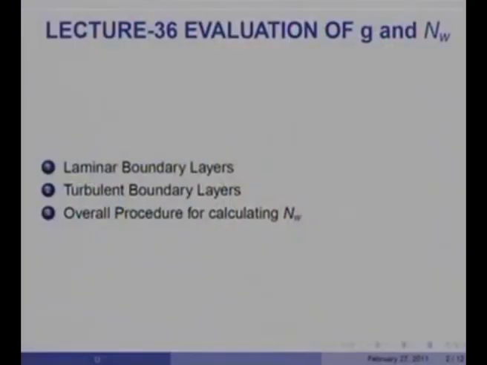I will first consider the laminar boundary layers, then turbulent boundary layers, and then give the overall procedure for calculating the mass transfer rate N_w.